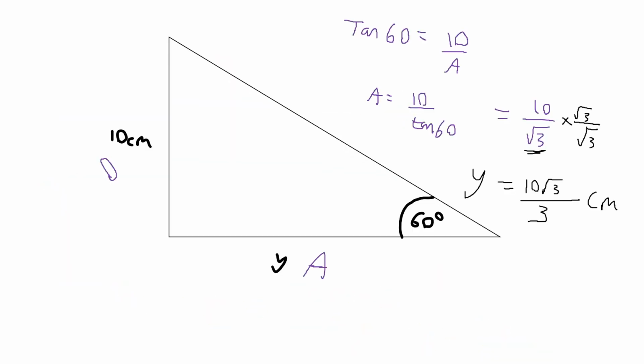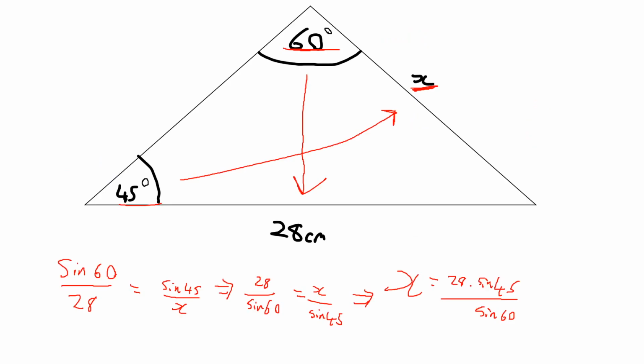Sure. So then this x will be equal to, I'm going to write it up here just because there's a bit more space, 28 times 1 over root 2, sorry, divided by root 3 over 2.